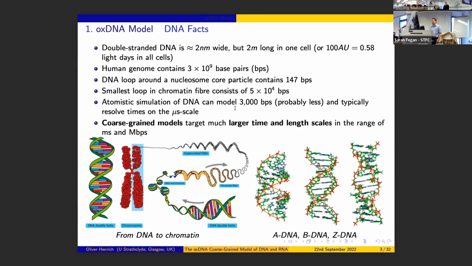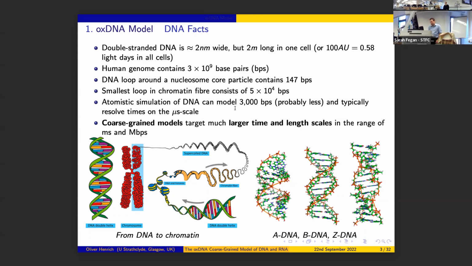And this is why you do coarse-graining. With coarse-graining, you're able to access milliseconds normally and megabase pairs, and even beyond. It's always a question of how much pain you can face as everything gets big and becomes super difficult to handle.